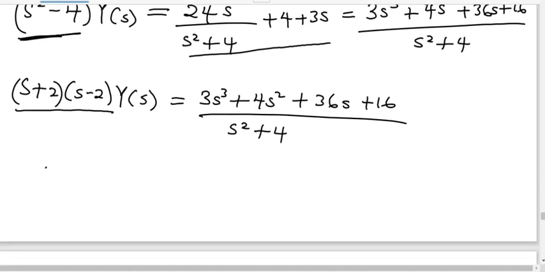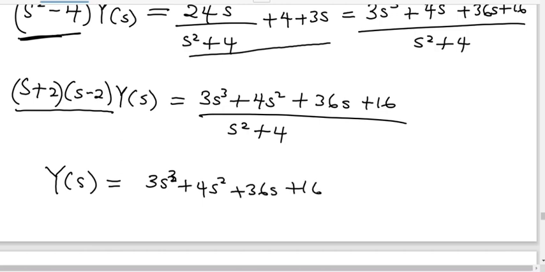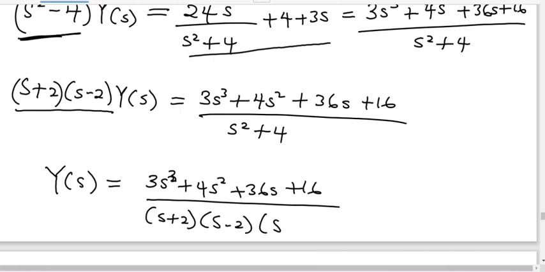So our Y of s will simply be 3s cubed plus 4s squared plus 36s plus 16 all over s plus 2, s minus 2, into s squared plus 4.